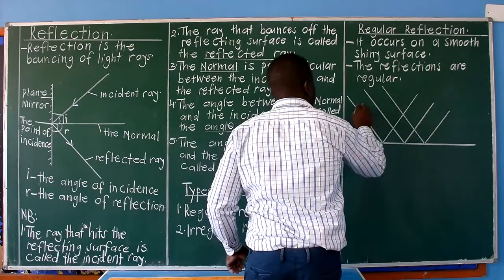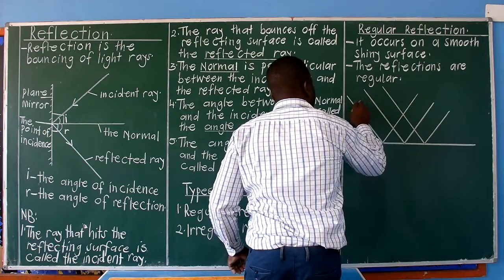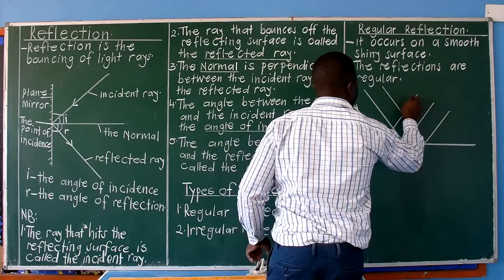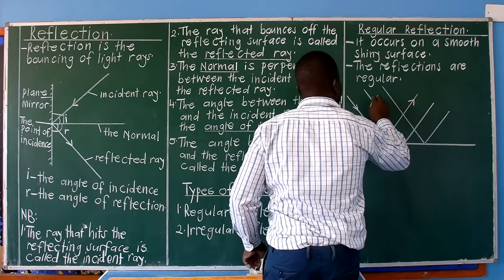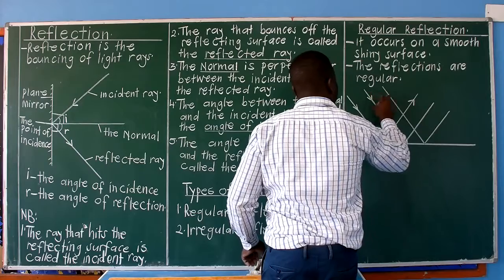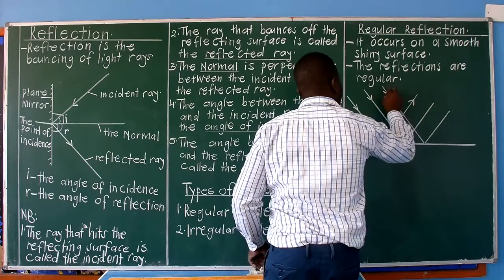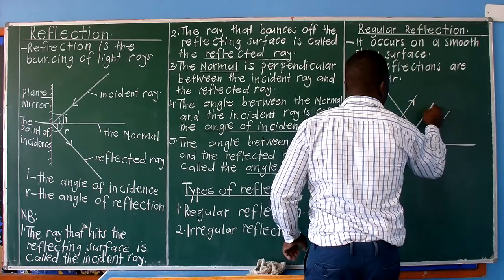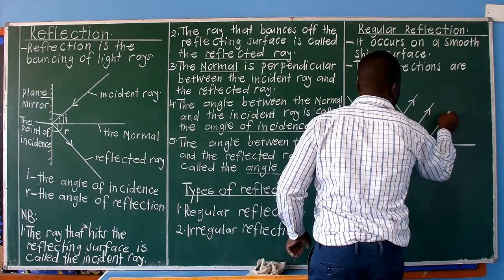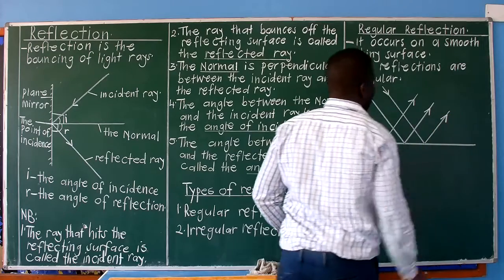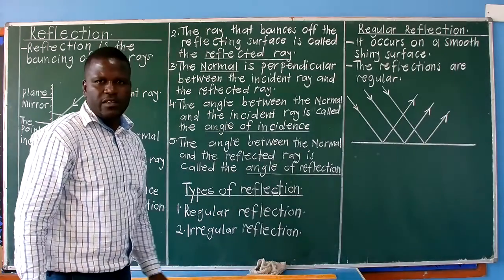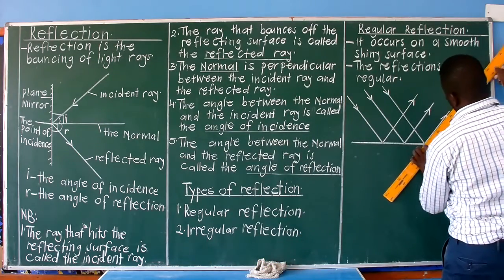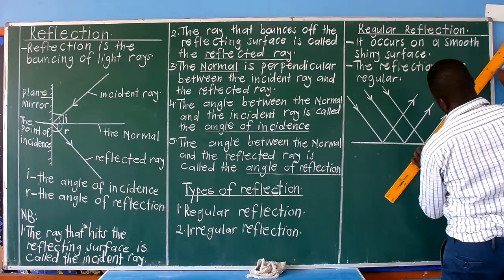So we draw the arrows. These reflections are regular, so this type of reflection is called regular reflection.